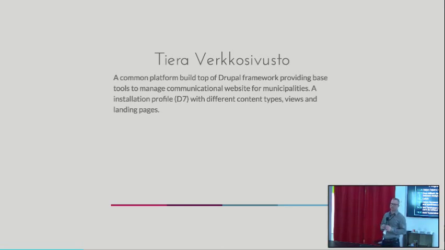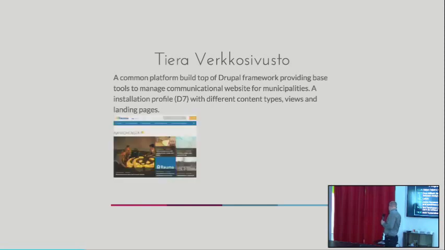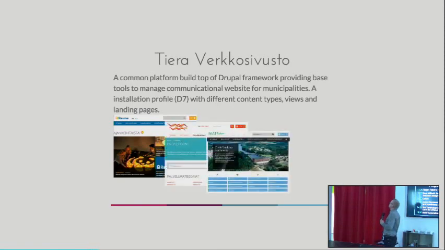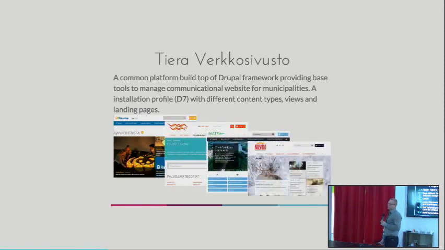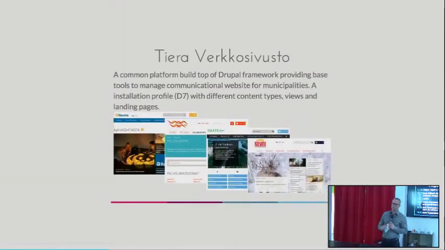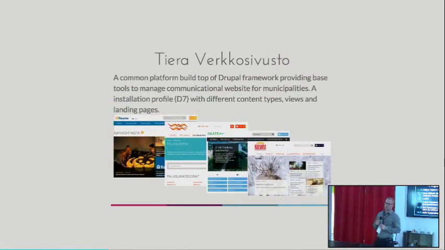It's the communicable websites, how they communicate to people. Rauma, Vaasa, Imatra, Kuusamo, and some others. They look almost the same because they are built on the same base theme, but some visuals and some functionalities differ from site to site.